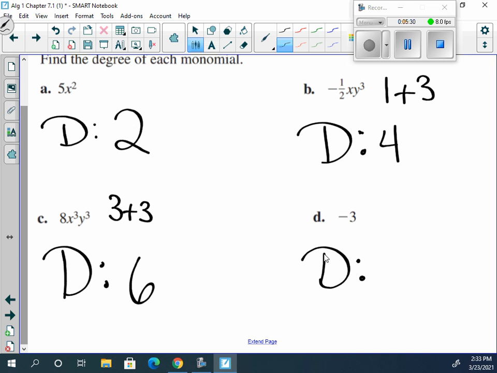Yes? Is there a variable with -3? No. Zero. Right, this one here is tricky. Because anytime we don't have any variables, it's just a number. That's what we call a constant term. If it's just a number, it is the constant. So here, -3 would be the constant, and the degree of a constant is always 0.